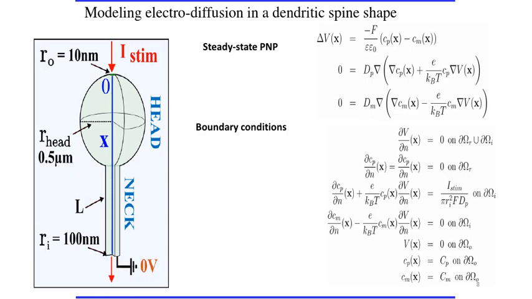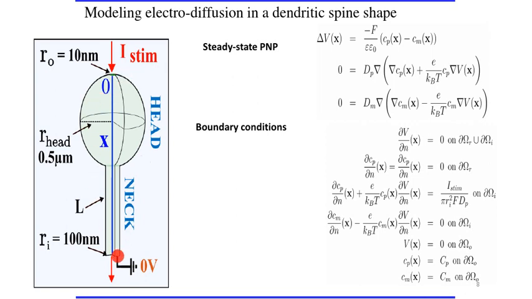So now I would like to summarize the framework for the simulation. So, modeling electro-diffusion in a dendritic spine shape. So we define the shape geometry as a ball connected by a narrow neck to the dendrite. So the current is injected through a small narrow disc of radius 10 nanometer, which represents an average, what is called in mathematics the homogenization of the boundary conditions for entering current.